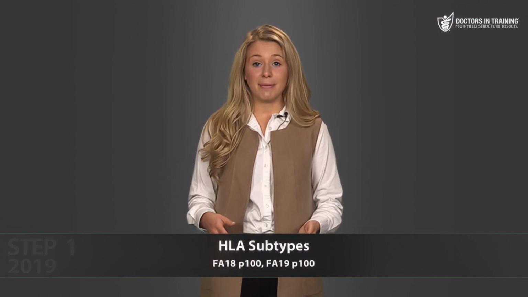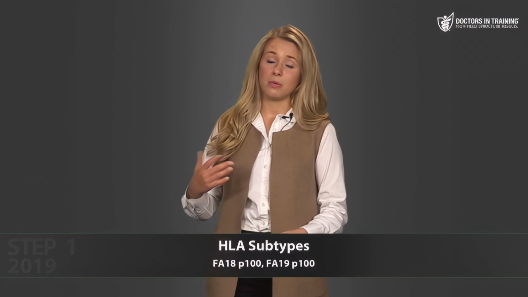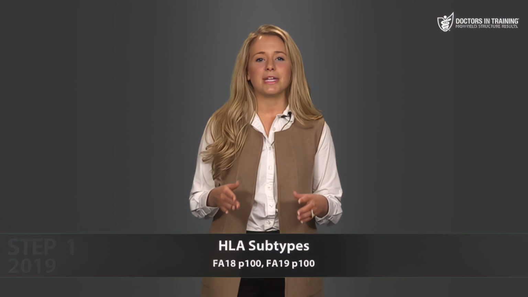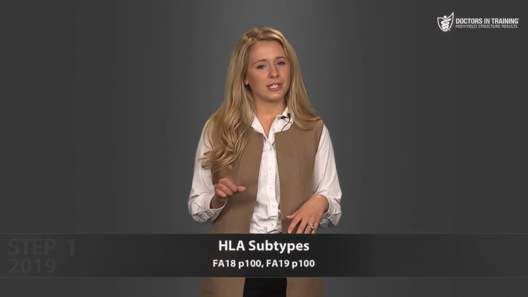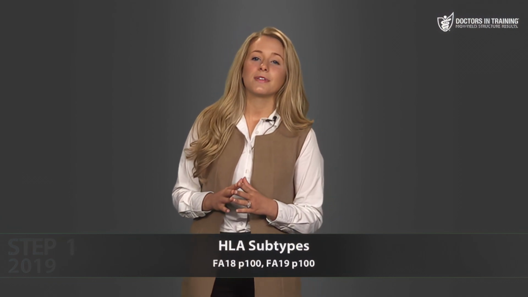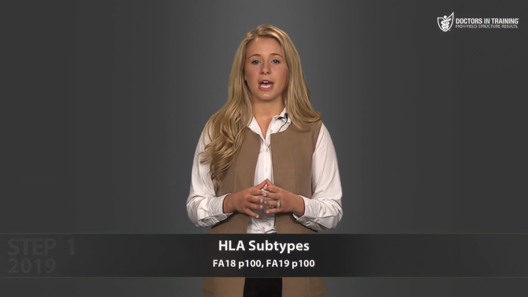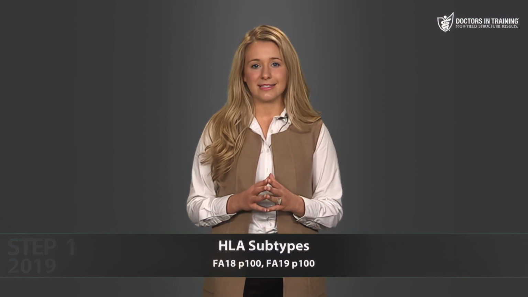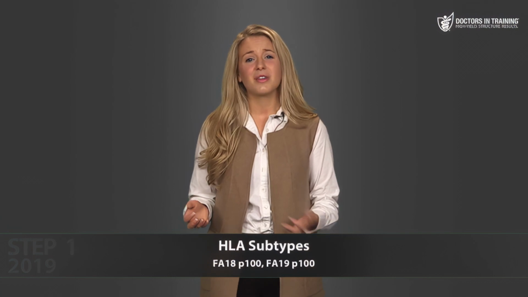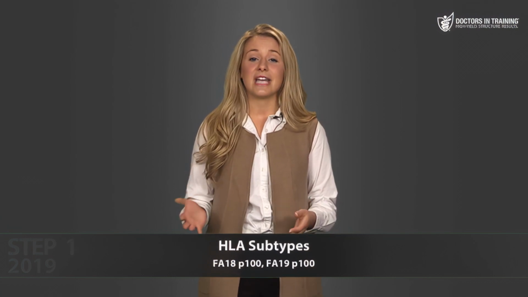Or, for HLA-B, you can have HLA-B1, HLA-B2, and so on. That's where HLA-B27 comes from, which should sound somewhat familiar to you. The importance of this is that certain alleles and loci are associated with certain diseases. And not too surprisingly, these are generally autoimmune diseases, where the patient's own immune system is attacking from within. And not all of you will have a question associated with HLA and a certain disease, but a few of you will.